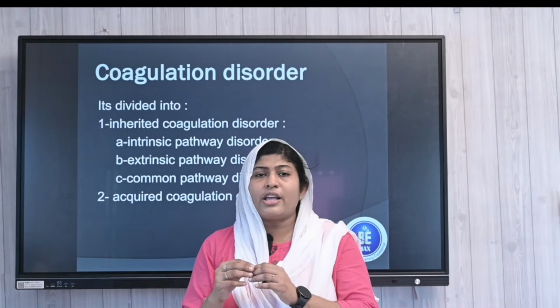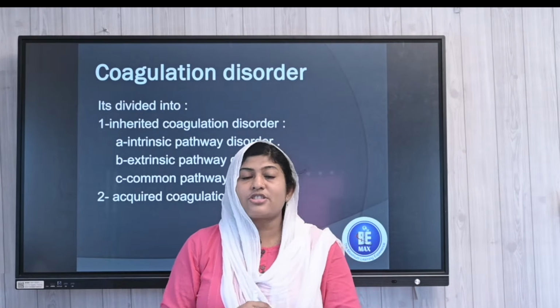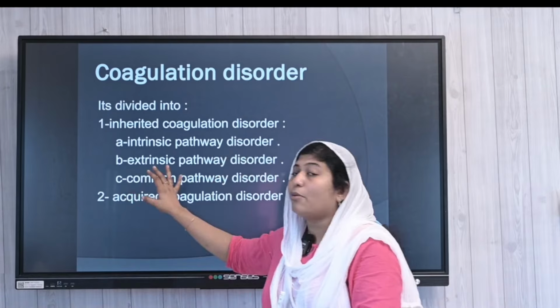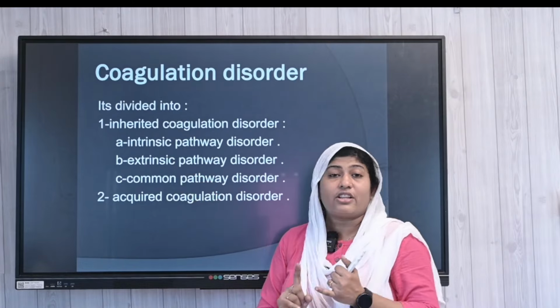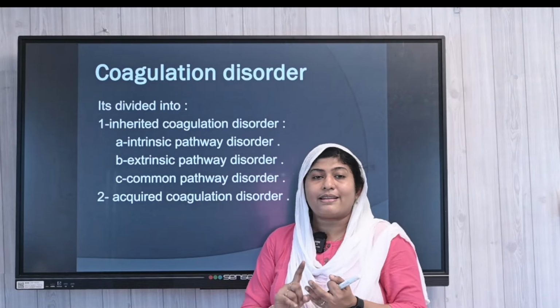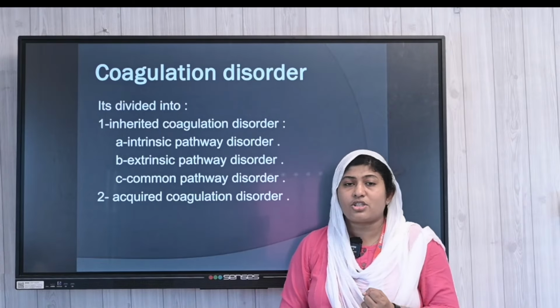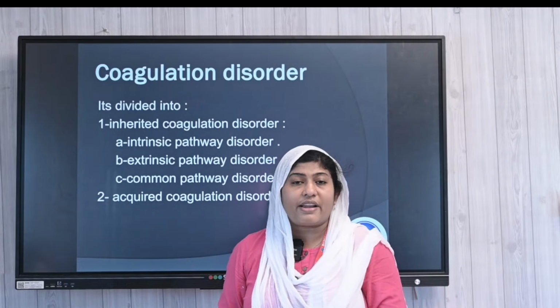From the injured area, tissue releases the tissue factor, which activates the extrinsic pathway. It contains the stable factor, and calcium has an important role in the overall coagulation system. So the extrinsic pathway has the tissue factor, calcium and the stable factor, while the intrinsic pathway has factors 12, 11, 9, 8, pre-kallikrein, kallikrein and high molecular weight kininogen.